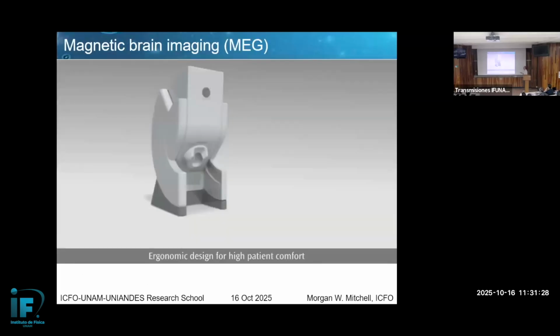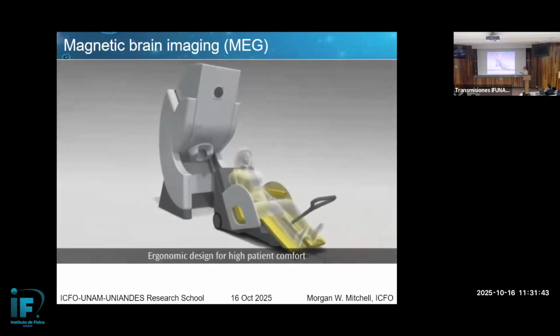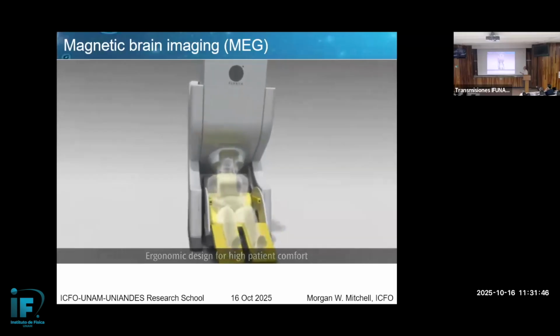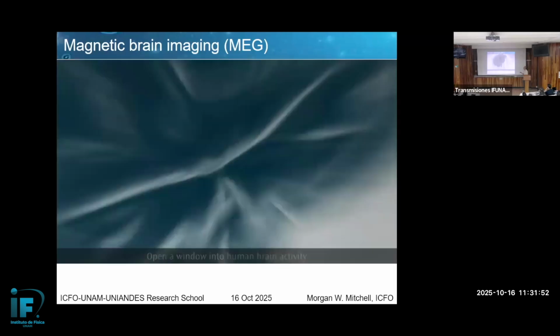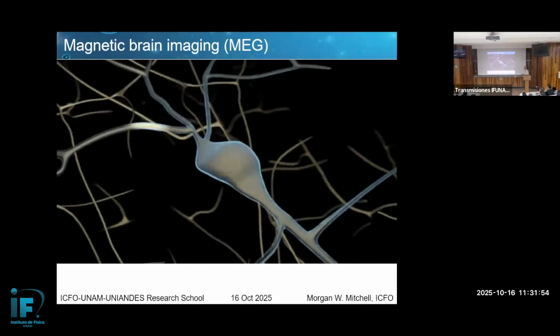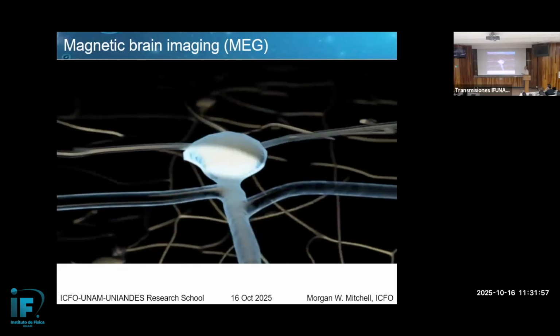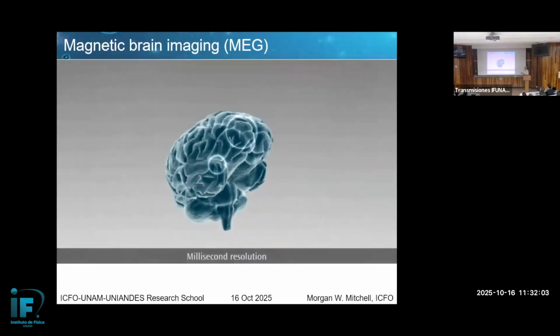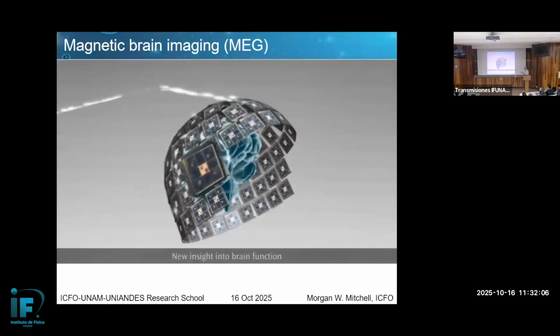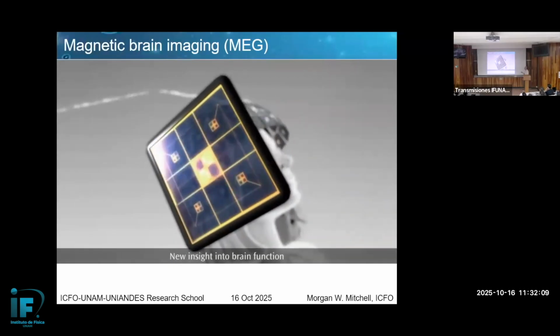So let me show you what this looks like. This is an instrument called a magnetoencephalograph. It measures the brain magnetic fields. So a person puts their head into the apparatus, then the brain, because it's an electrical organ, is producing pulses of magnetic field in the neurons, and those escape out of the head because there's nothing in the head to block magnetic fields, and then those get picked up by a bunch of superconducting sensors.